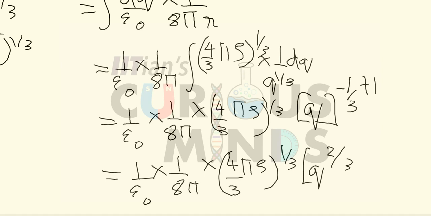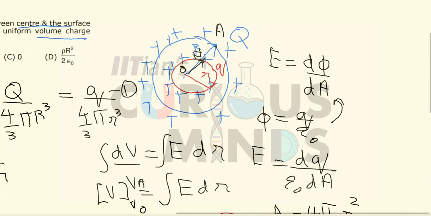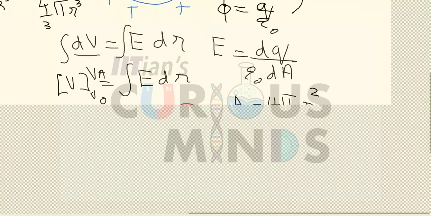I will integrate it from 0 to q, where 0 is at the center, where there will be no charges inside this part, and at the external part the total charge is equal to q.